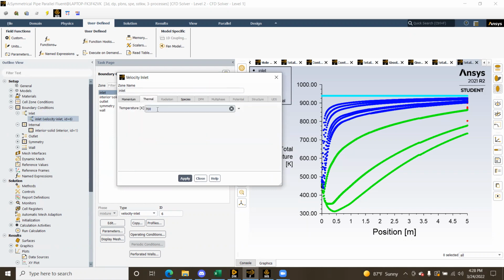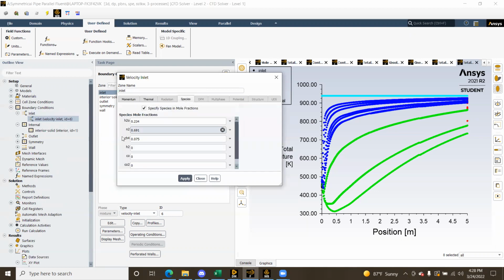For this particular one, I set the inlet temperature at 700 Kelvin, but you can change this quite a bit and the results have been very consistent. Maybe a few odd things, but I'll get into that in a second.